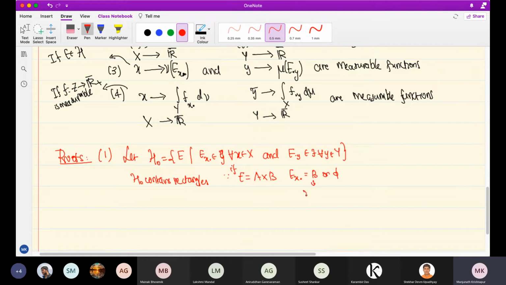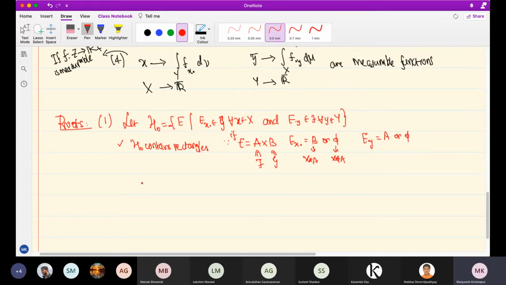If x belongs to A, then that section is B, and if x does not belong to A, it's empty. So in either case, it is measurable, because A cross B, where A is in F and B is in G. So it contains those rectangles. Similarly, E·_y will be A or the empty set. So H naught contains rectangles, okay. Next, what do you want to show? H naught is a sigma algebra.